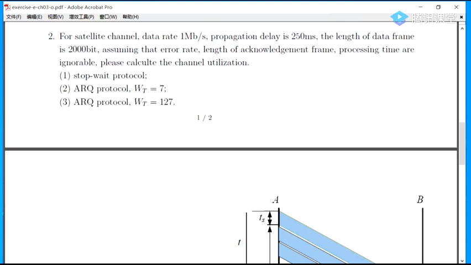for the sub-questions: stop and wait protocol, and ARQ protocol if WT, the transmitting window size, is 7. The third sub-question is if WT, the transmitting window size, is 127.